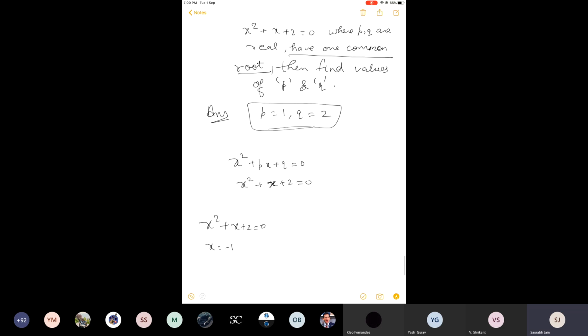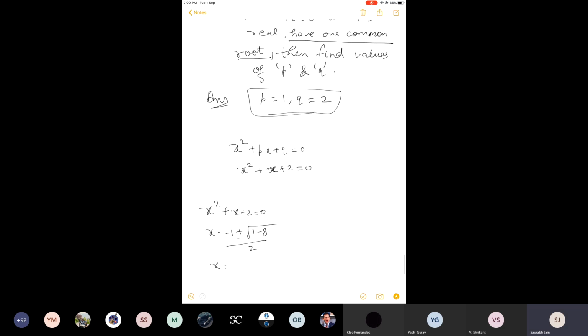X equals minus 1 plus minus root of 1 minus 8 by 2. So this is root of minus 7, and I told you how to write root of minus 7. This can be written as root 7 iota. This we have already discussed. Why is under root of minus 7 root 7 iota? So what are the two roots? What are the two roots of the second equation?